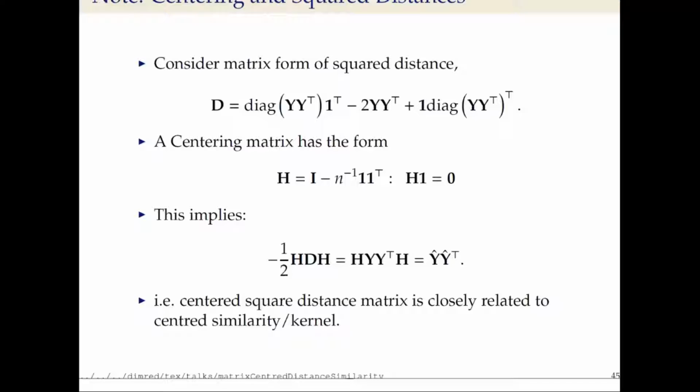This would be the ugly MATLAB way of creating a distance matrix without a loop. Then in the middle you're taking off, so you've got y_i squared plus y_j squared minus 2 y_i y_j. This is just the matrix representation.